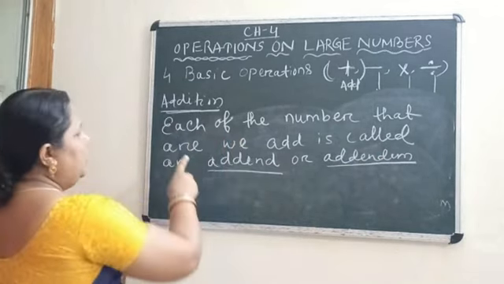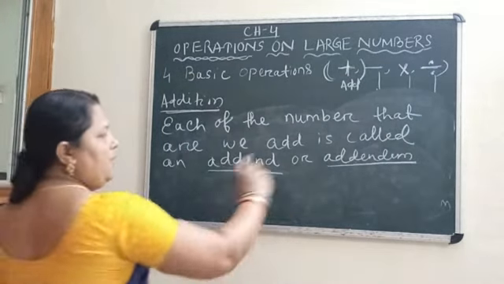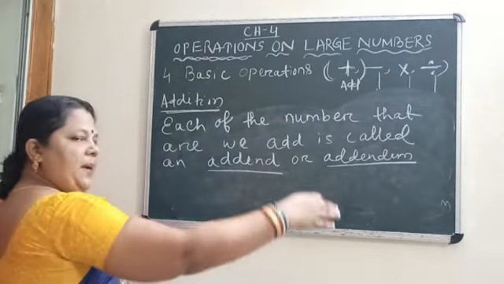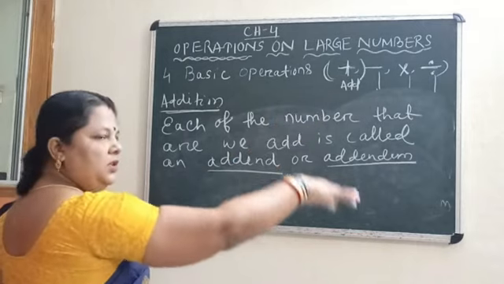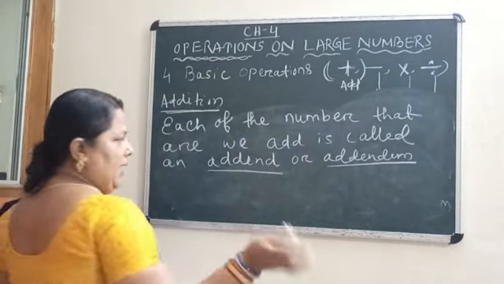Each of the numbers that we add. We have already discussed the examples. So 3 participants means all the participants or all the numbers are called addend or addendum.